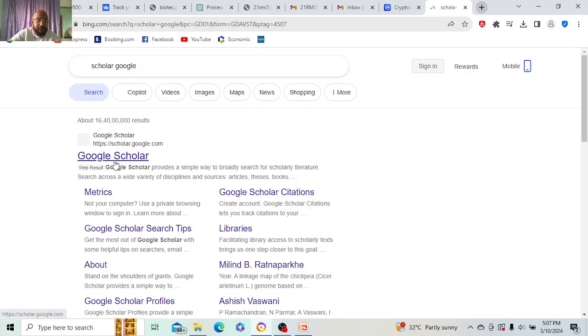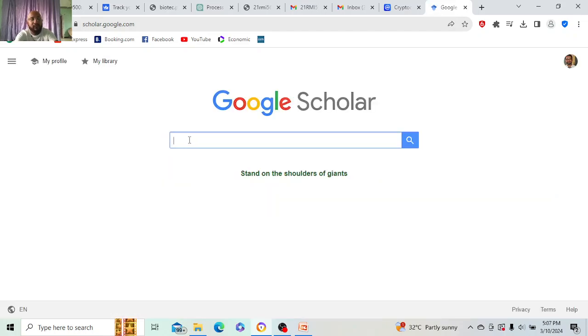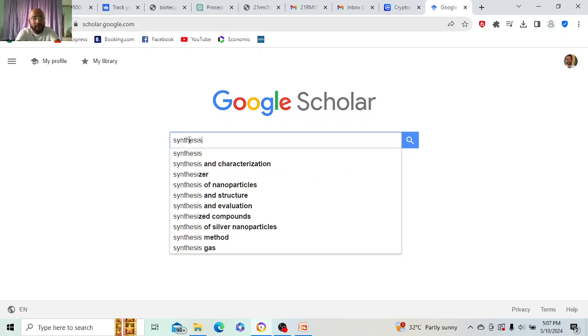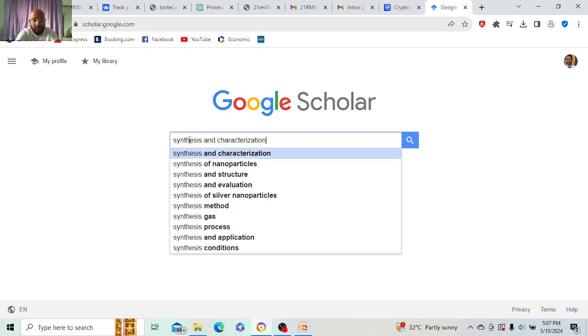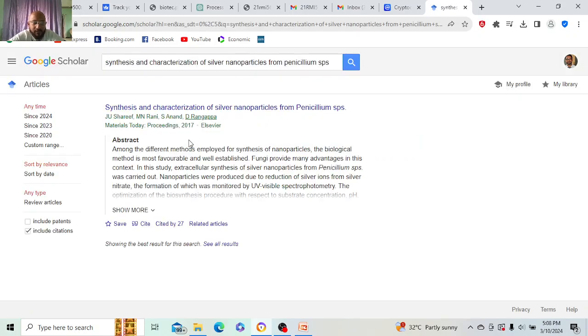When I'm using Google Scholar, here I'll write: synthesis and calculation of silver nanoparticles from penicillium species. So this is my listing.